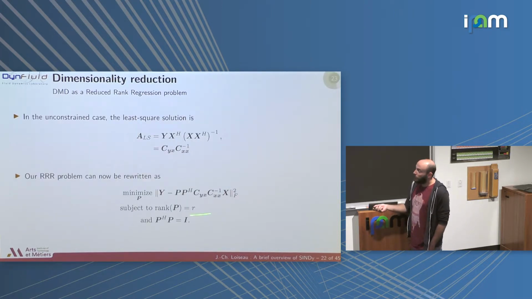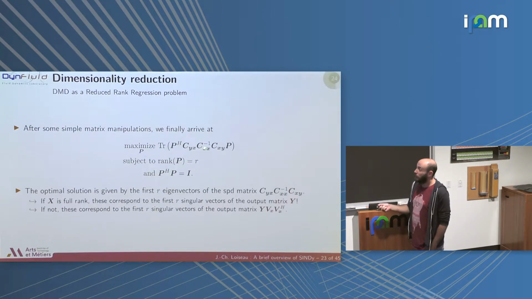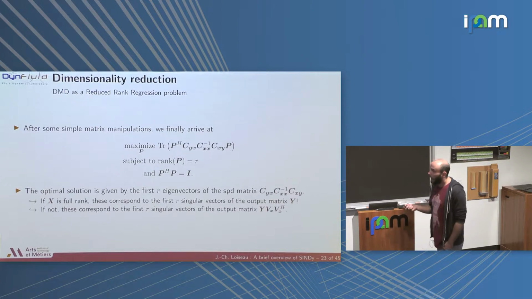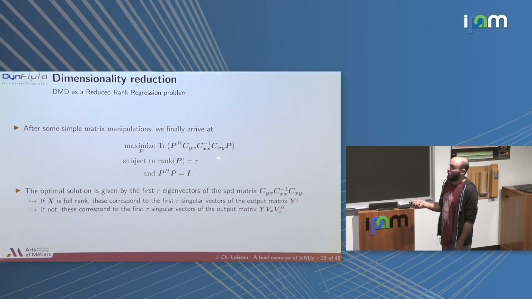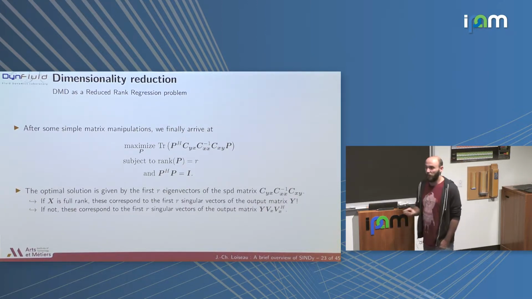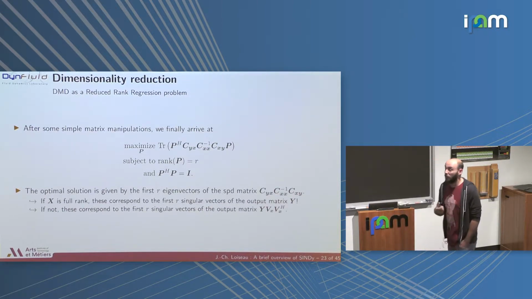After some basic manipulation, we can transform this minimization problem into a trace maximization problem. For a trace maximization problem, we basically have to look at the eigenvectors of this matrix here. It's really similar to what you would do with CCA. With PCA, you would not have this C_YX, C_XY matrix, and this one would just be C_XX and not the inverse.